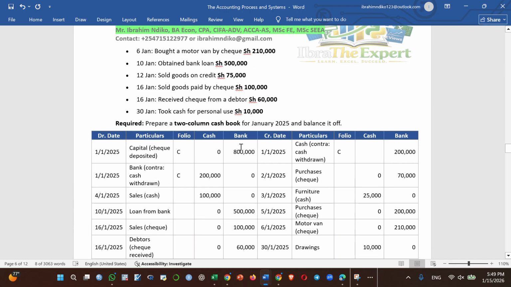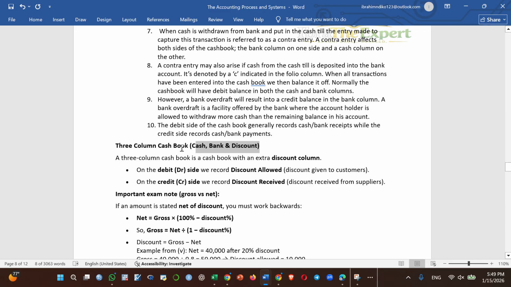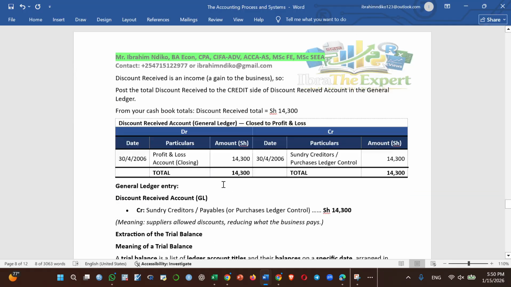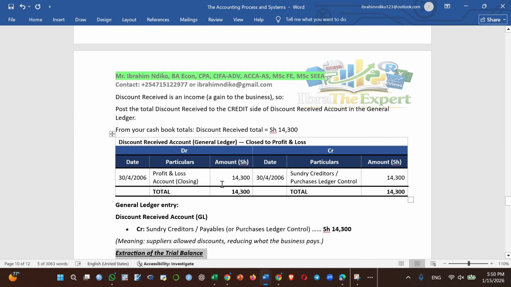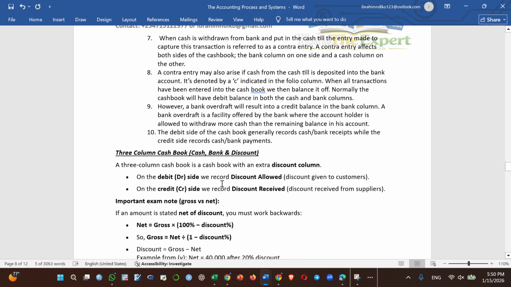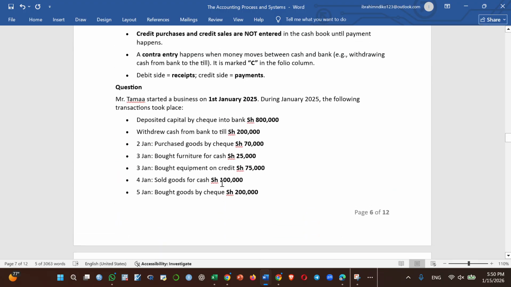Let us start in our next class with the 3-column cash book and 2-column cash book, and then we will finish in our next class also this item, extraction of trial balance. We shall talk about extraction of trial balance once we record every item. So that is it for today's class.